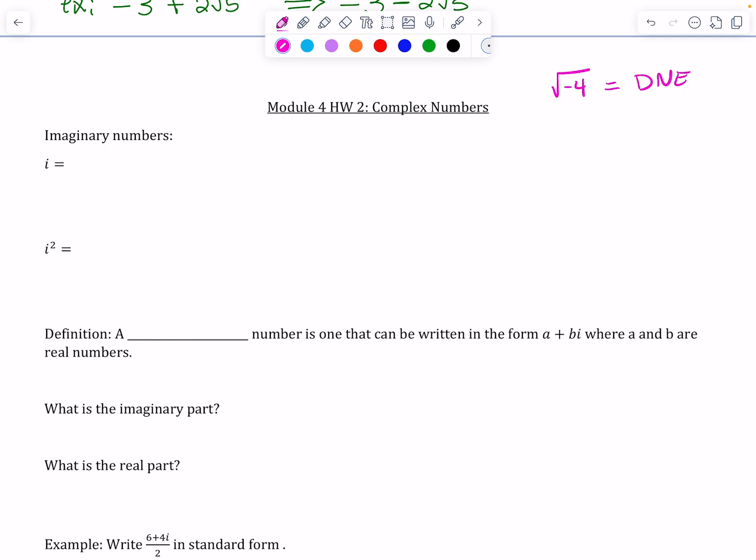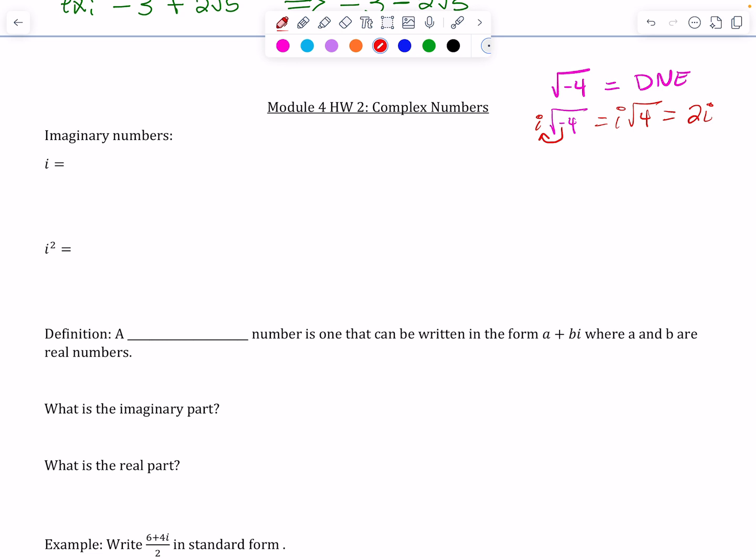So what this question will look like is our negative will come out. It will turn into an I. We'll end up with I square root of 4, and the square root of 4 is 2. So that's what we're going to be learning in this section.